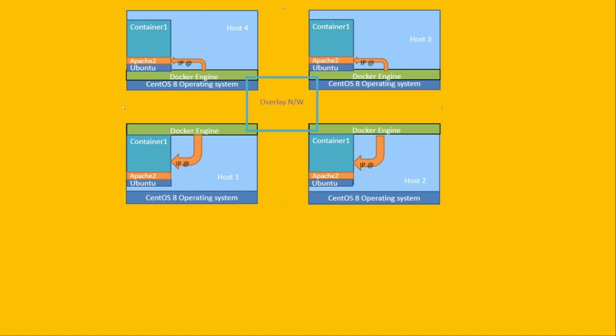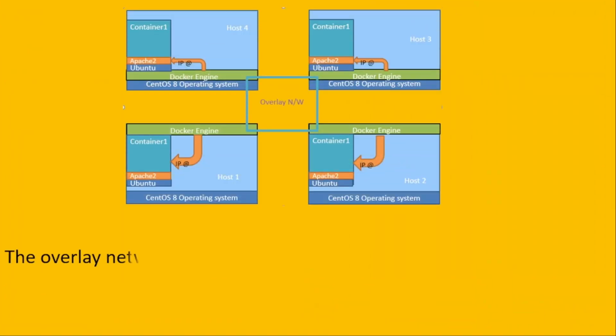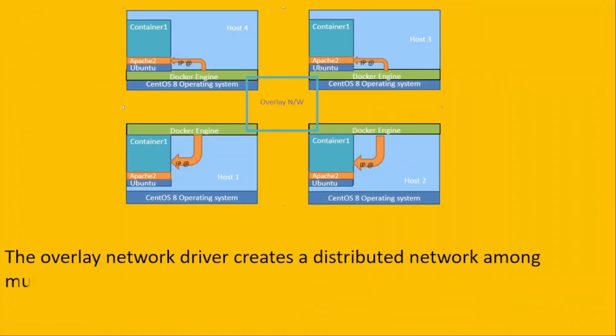So what are the benefits of overlay network? If we have multiple Docker daemon hosts and want to add all of them in a single network driver, we may use overlay network. The overlay network driver creates a distributed network among multiple daemon hosts.